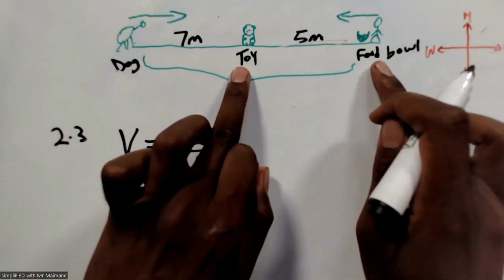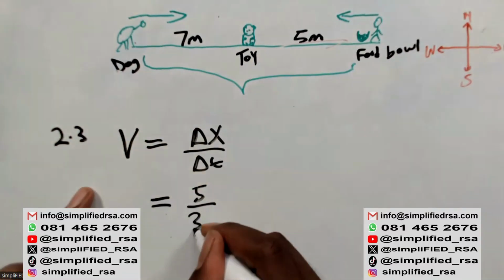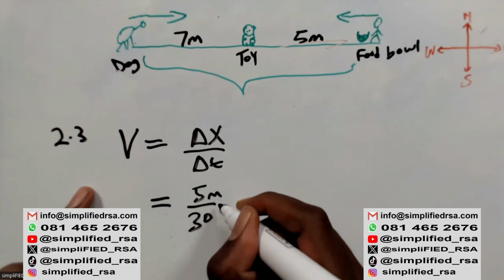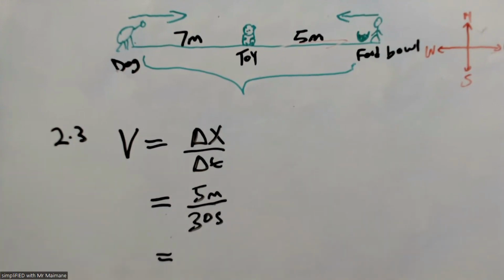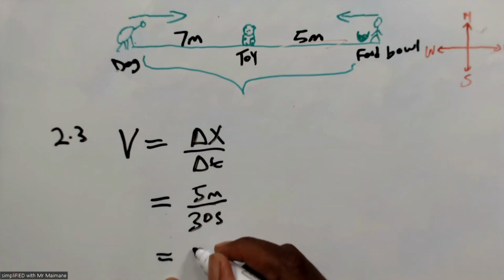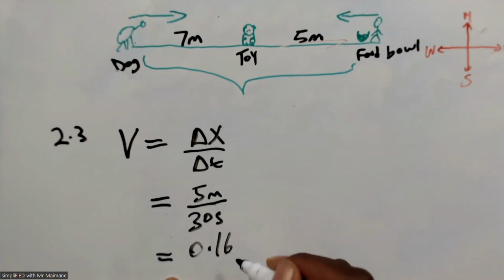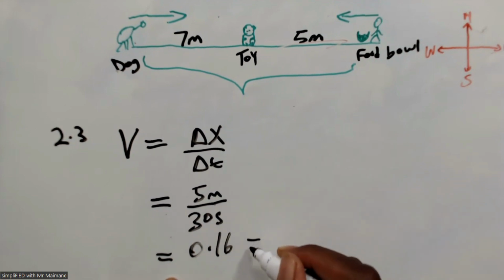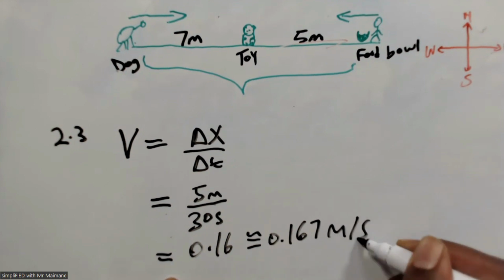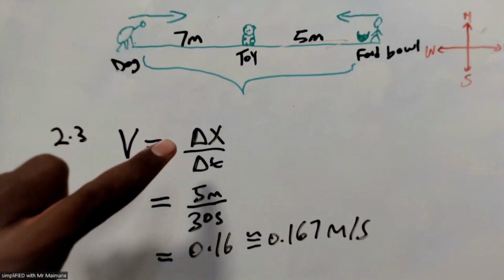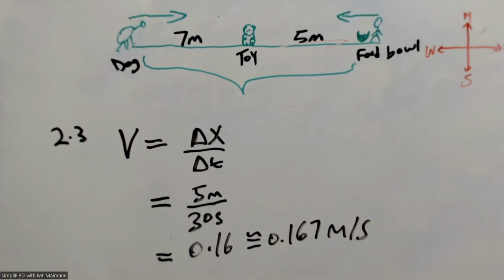Therefore, our average velocity is going to be 5 divided by 30, which is 0.1666666. So I'll say this is approximately 0.167 meters per second, because it's meters divided by seconds.